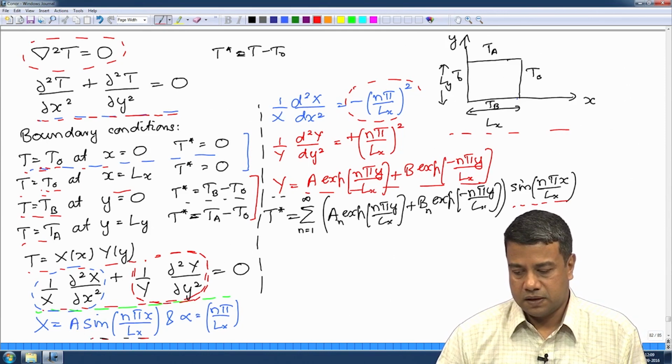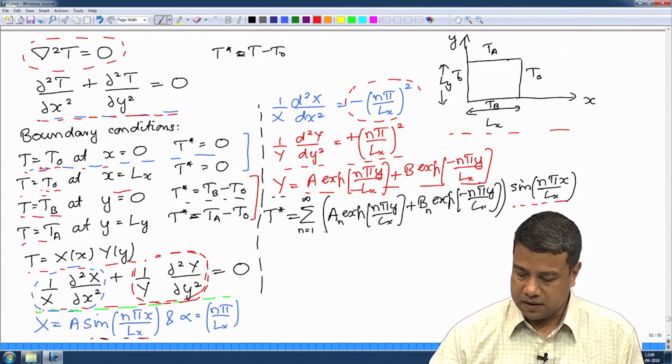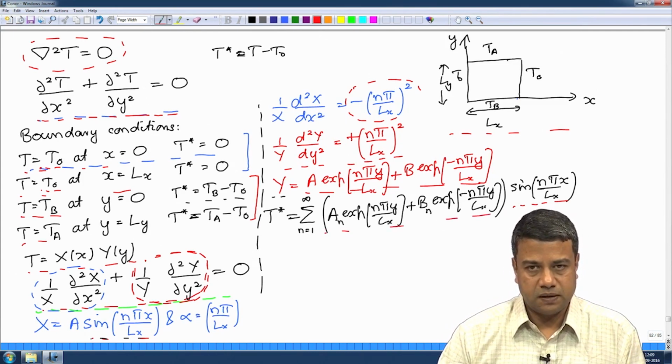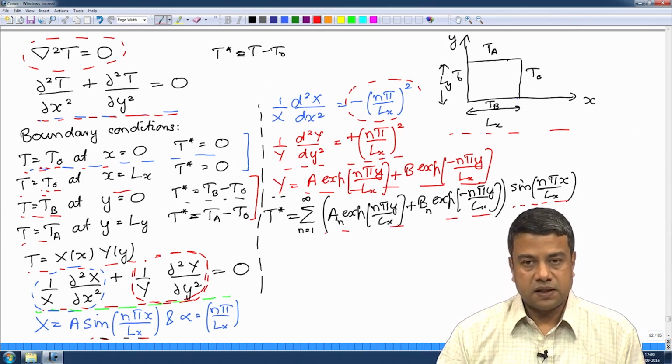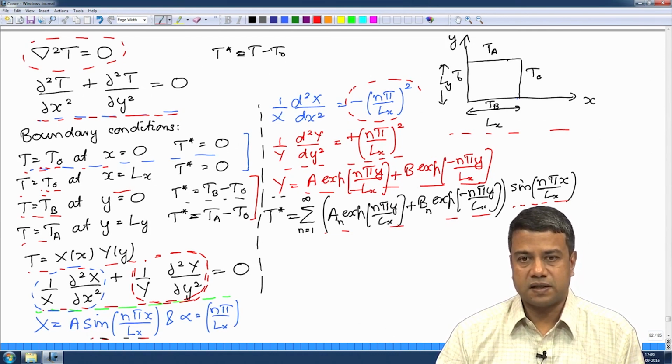Therefore, the equation for the y direction becomes something like this, and the solutions are exponentials in the y direction. The boundary conditions in the x direction and the conservation equation are satisfied for any value of n provided n is an integer.